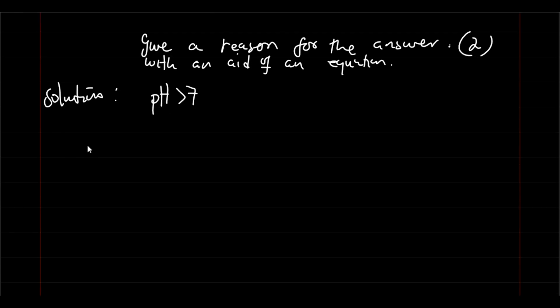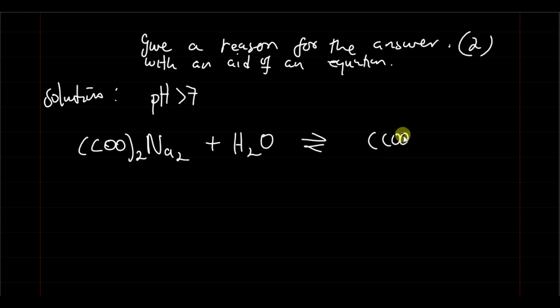Okay, so we have to check sodium oxalate. You have to know how sodium oxalate is written. Sodium oxalate, it's something like this, plus water. Forward, reverse. So it must give us oxalic acid plus sodium hydroxide.